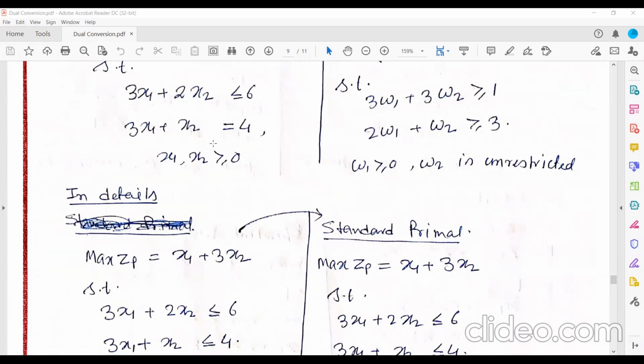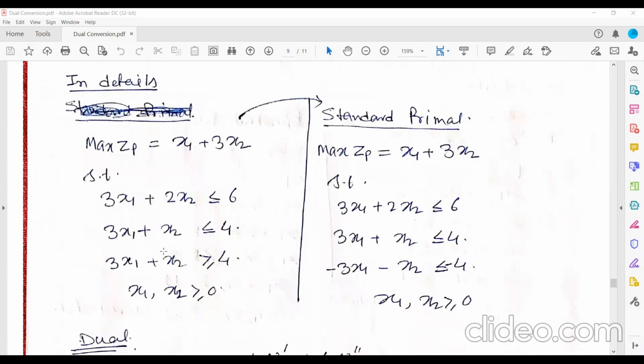Then here an equality is there, so how will you write it? You need to write it as two constraints with opposite inequality signs. One is less than or equal to, and the other is greater than or equal to. So I have written one as less than or equal to 4, and the other as greater than or equal to 4.